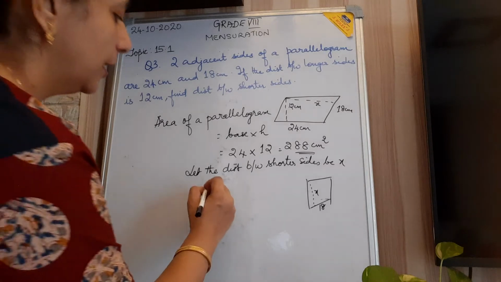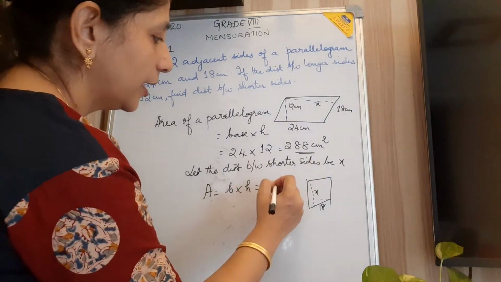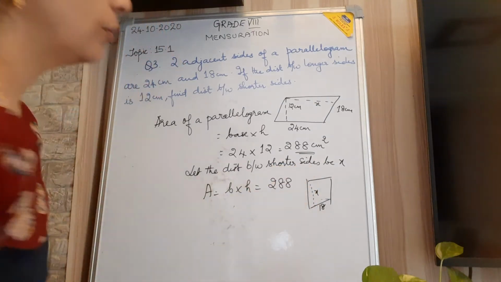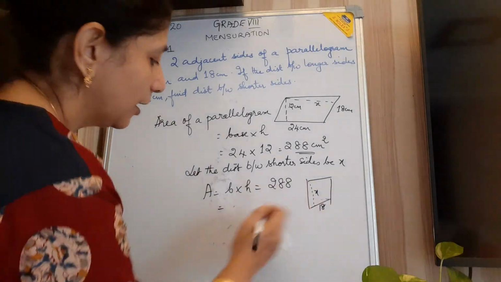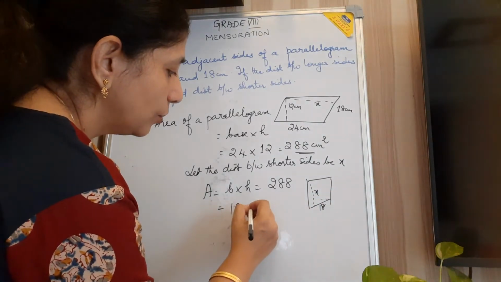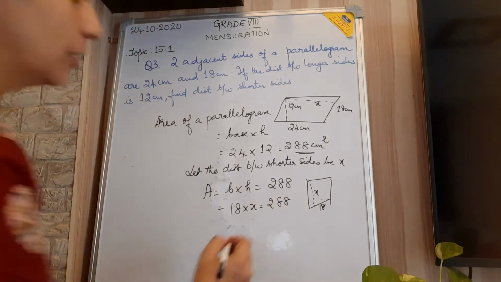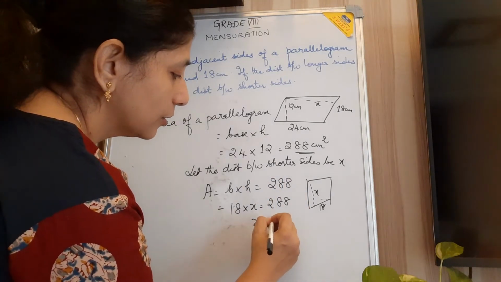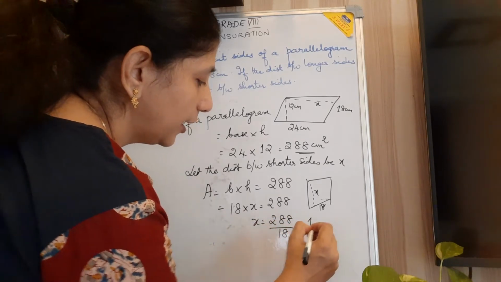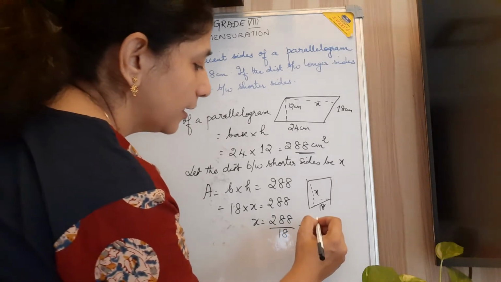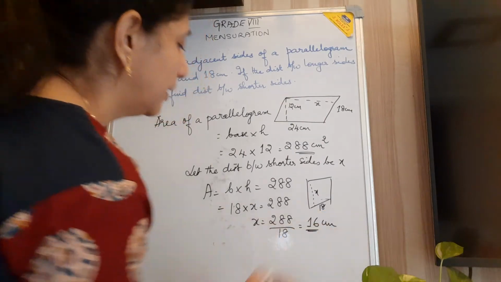Now the base is 18 into height x. Area is again base into height, so 18 times x equals 288. So x is 288 upon 18. It comes to 16 centimeter.